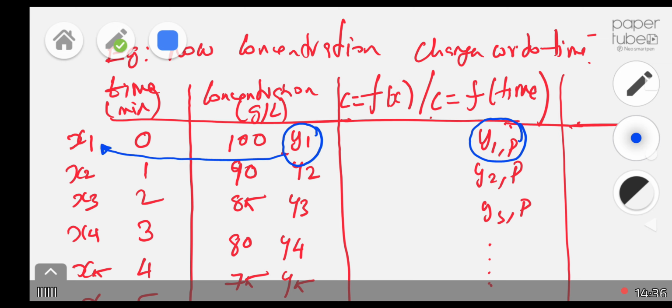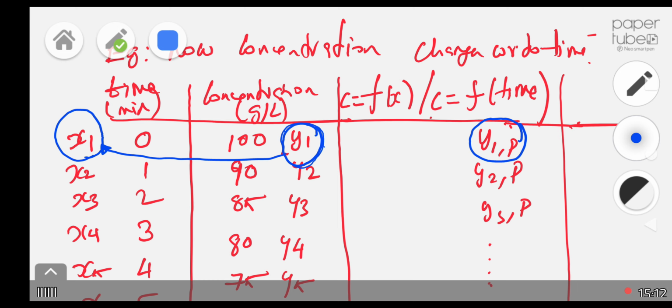We predicted y1, so what could be the expected y1 value for the given x1, which is your independent variable? We are trying to predict what the concentration would be when time is equal to 0 minutes. That should actually equal the initial concentration, but still your mathematical function should predict that successfully.